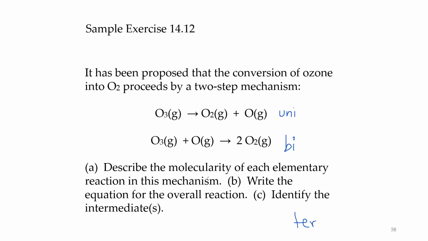And that's going to be pretty rare. So we're going to typically just have unimolecular, bimolecular. But if we had three come together, sometimes it's referred to as termolecular. Sometimes it's also referred to as trimolecular. But with these two, we're going to have uni and bi just because we've got one ozone in the first one, and then an ozone with an oxygen atom in the second one.